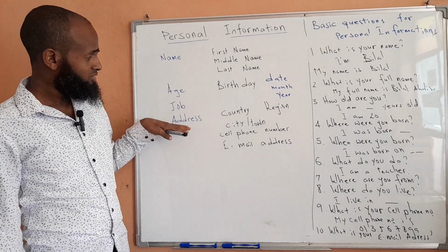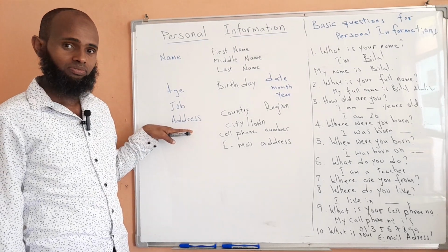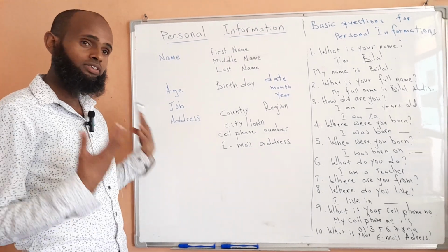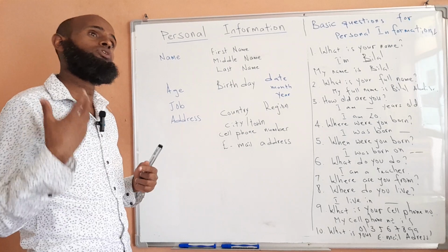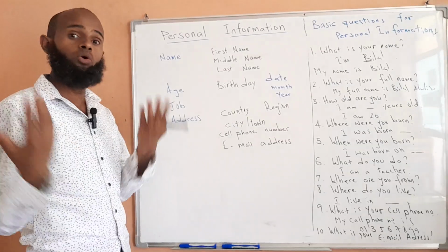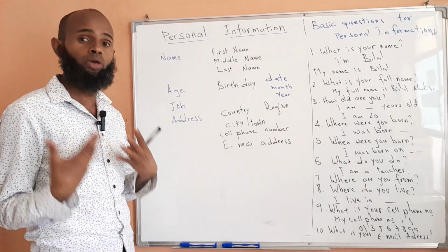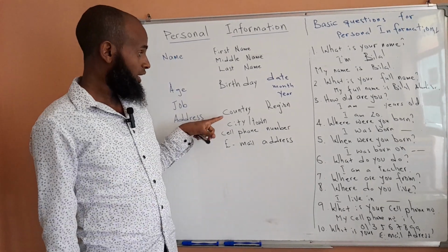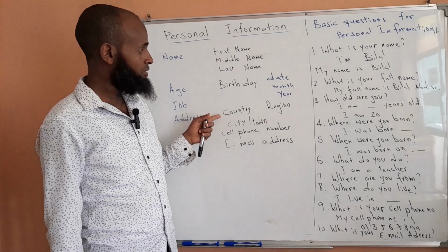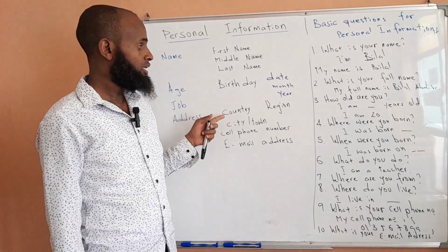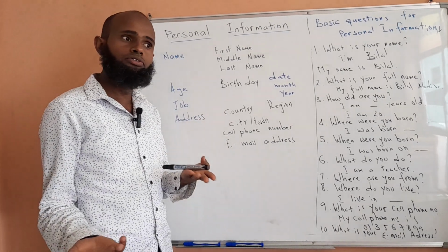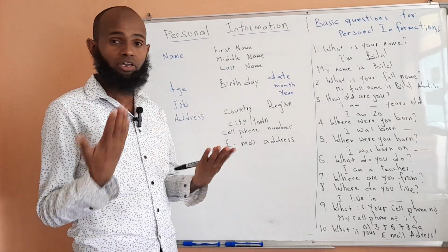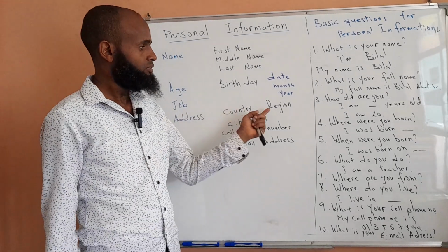The next one is address. Address means the exact information about your residence, or the place where somebody finds you. Under this we have country. Your country, for example, I am from Ethiopia, my country is Ethiopia.